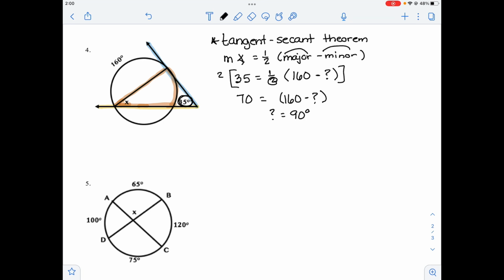So that means this minor right here is 90 degrees. So if I know that that is 90 degrees, and I know this is an angle here that is inscribed, and the relationship between this arc that it intersects and our angle, it's half of that. So then we know that x equals 45 degrees.